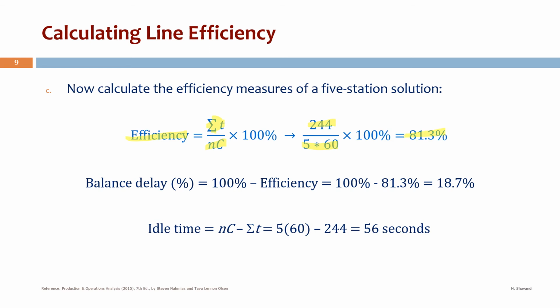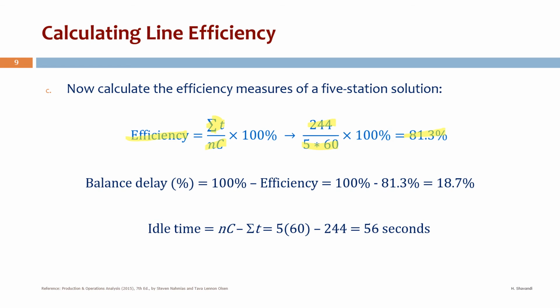So this means that since we have 5 stations and the cycle time is 60, in total we have 5 times 60, which is 300 seconds as the total work content in the 5 stations, right? But the total work content that we do have here is 244 seconds. So because of that, the efficiency of the assembly line is 81.3%.